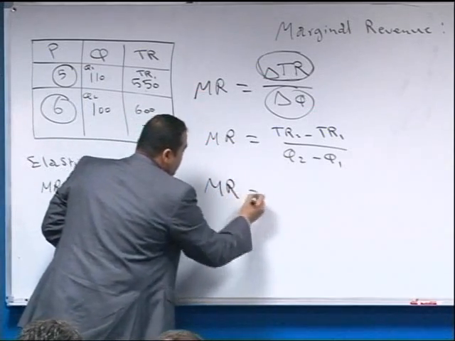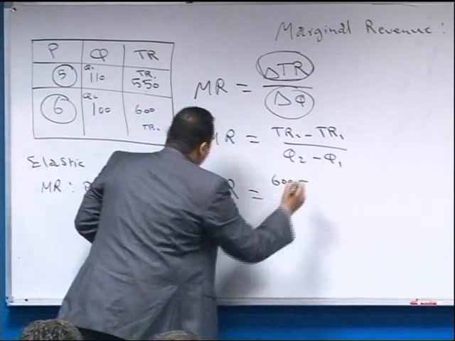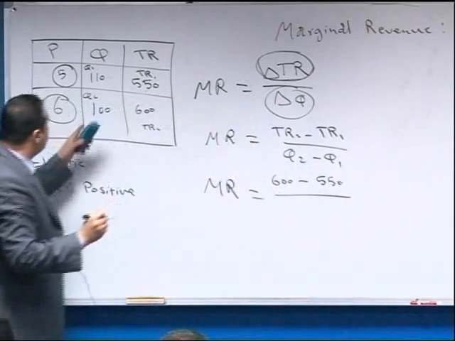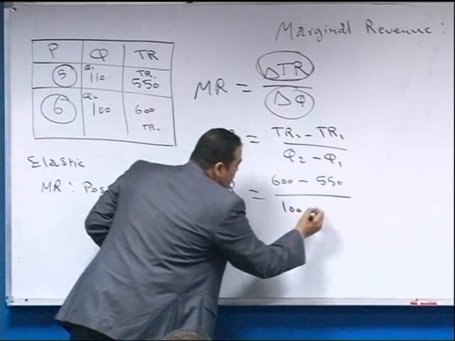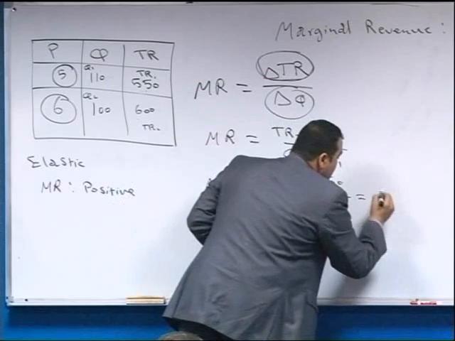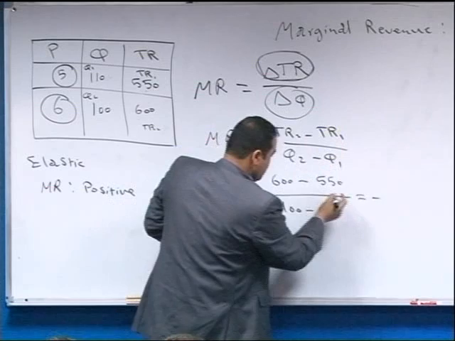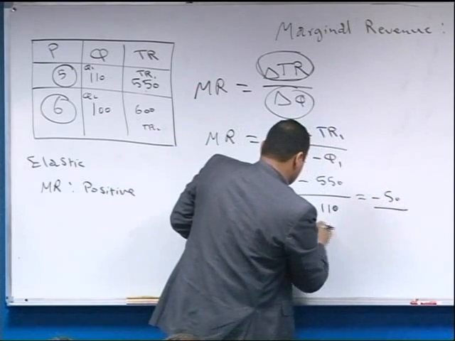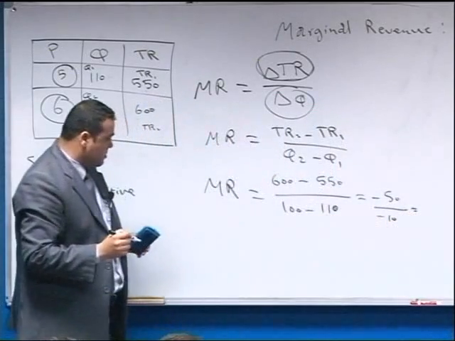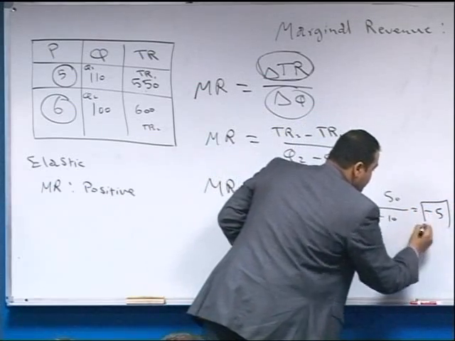MR, in this case, equals 600 minus 550 over 100 equals... do the calculations. Minus 50 over minus 10. Yes, 50 over minus 10, minus 5.